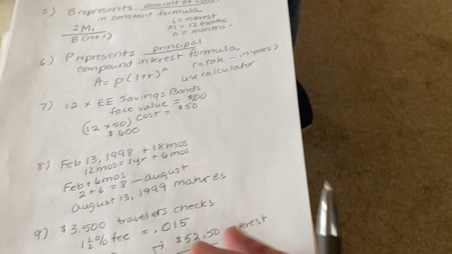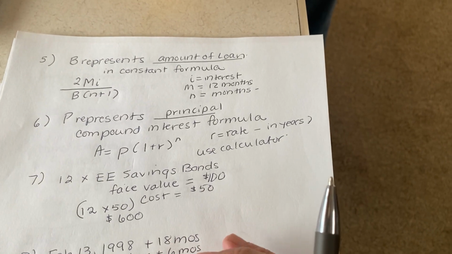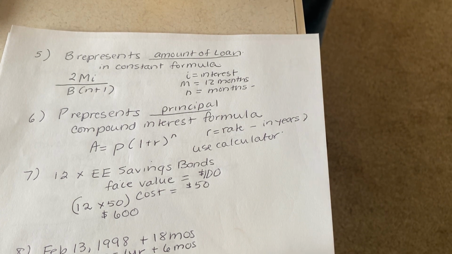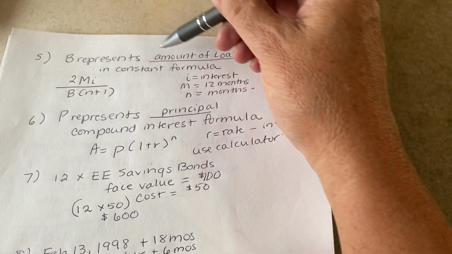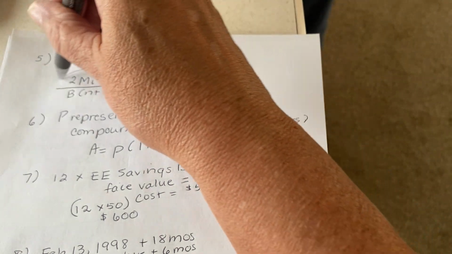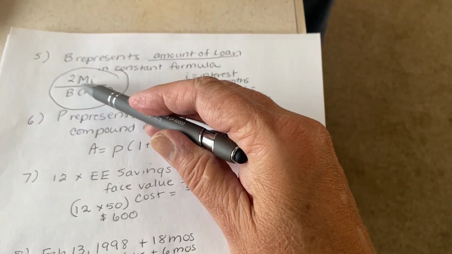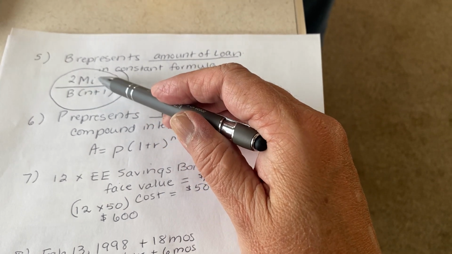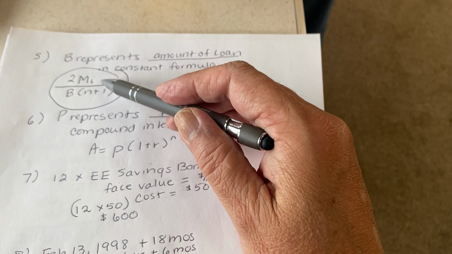Number 5, write what B represents in the constant ratio formula. Remember the constant ratio formula? What does B represent? So here's the formula right here. What does M represent? It's always 12 months. I is always the interest, and it's never a percent.